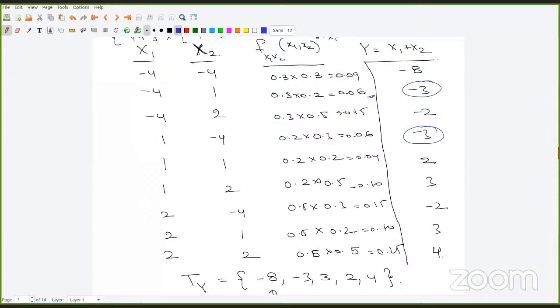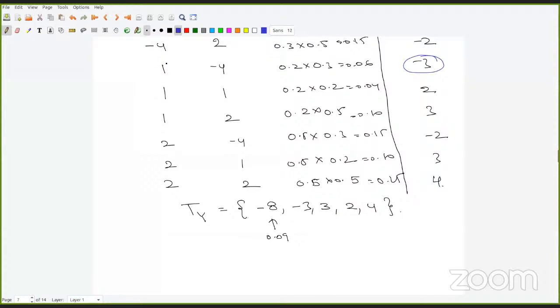Yes, there will be -2 also, and 3. Okay, thanks.